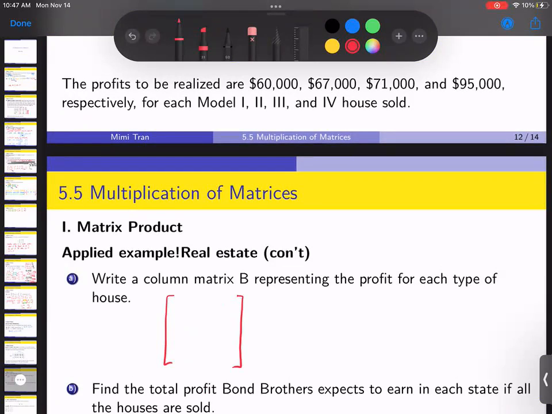The price, right? The price right there. 60K, so 60,000, 67,000, 71,000, and 95,000. So far, so good.